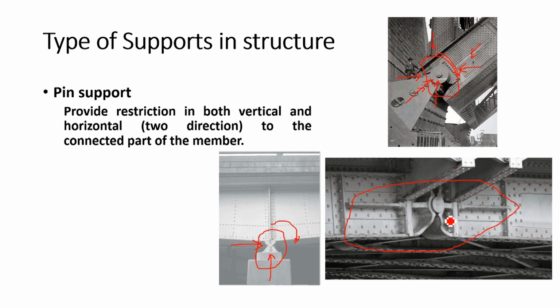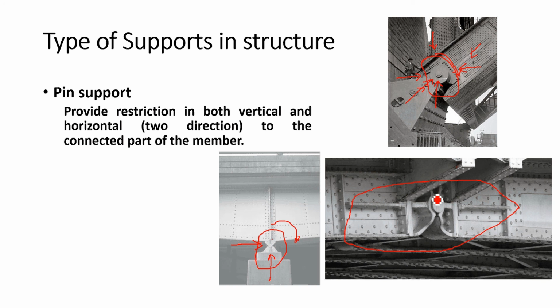There are many reasons. In that case, we connect two members using this kind of arrangement. This is what we call an internal hinge. That means connecting two members in the middle of the structure. This is also what we call an internal hinge.